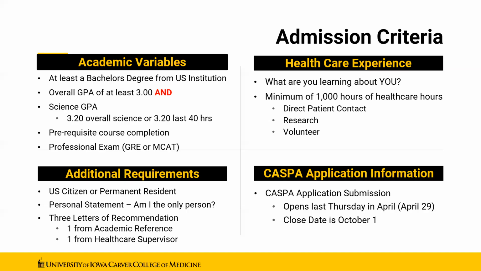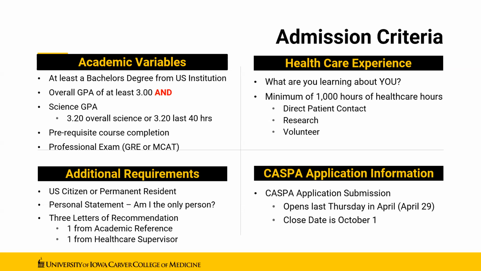So first thing we're going to look at is admissions criteria. These are the variables in a nutshell that we look at. The way that I explain this is I use a house analogy.